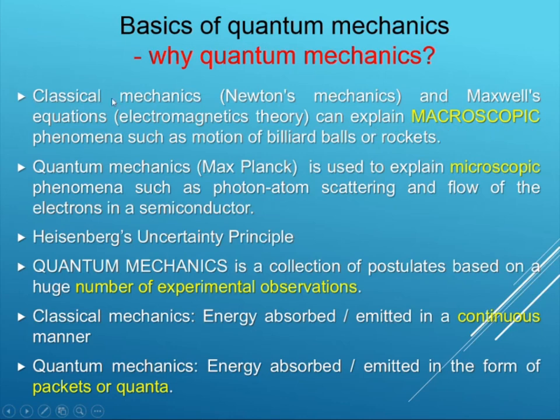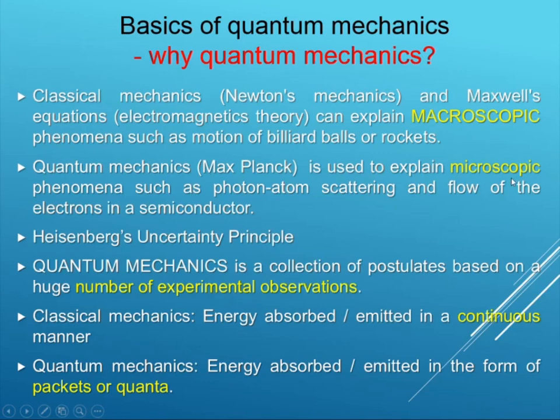Classical mechanics is applicable to macroscopic particles, whereas quantum mechanics, which was put forward by Max Planck, is applicable to microscopic particles for determination of their different phenomena.